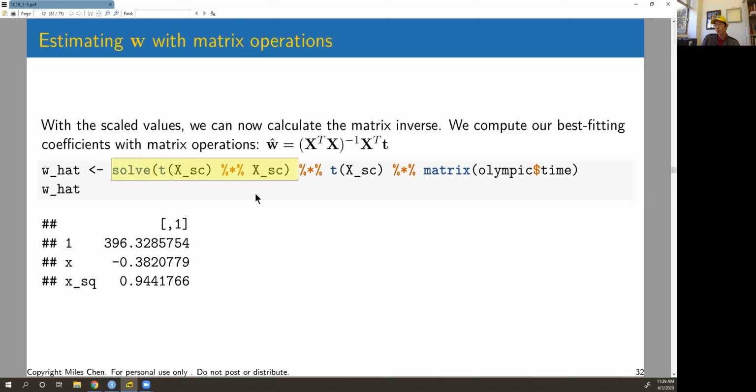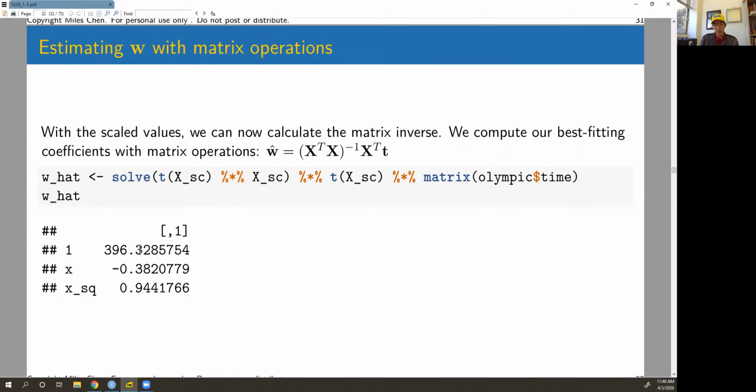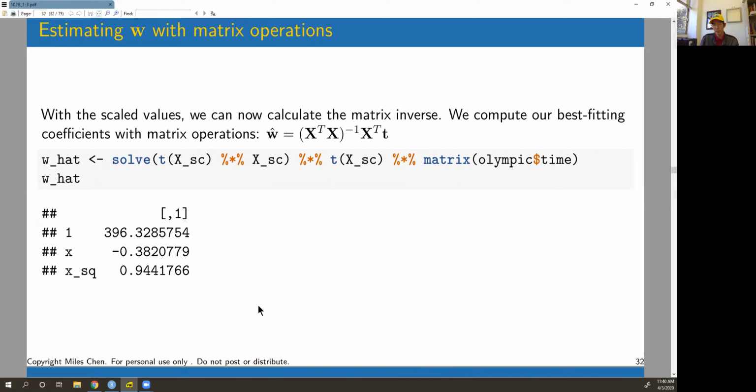It has no problem finding the inverse of this matrix, which has values that are much more reasonable in size. So it's able to invert that matrix. It's able to multiply it by X transpose, and it's able to multiply it by T, and it gives me coefficients such as 396.328 and negative 0.3382 and 0.944, okay?